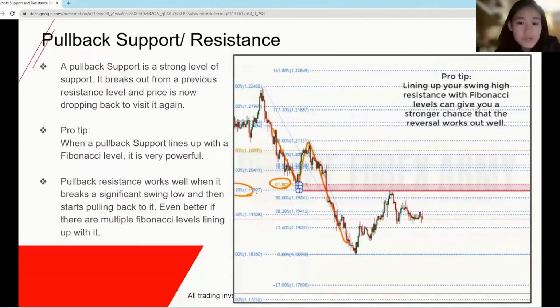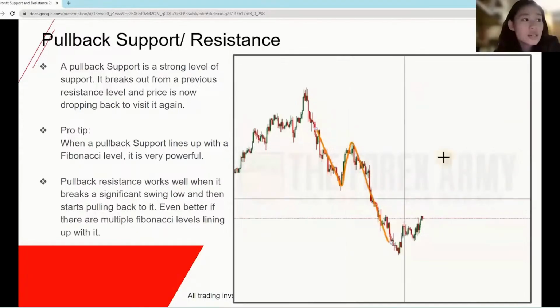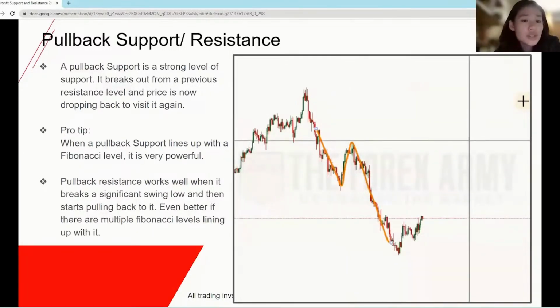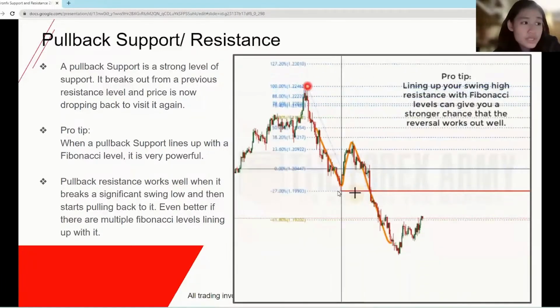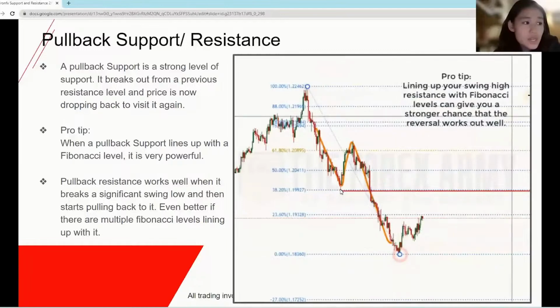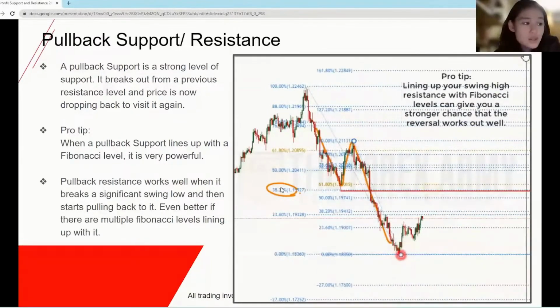We'll go through a few more examples in the coming slides, but you can see here in this GIF that we've included, we have a swing low support, and this swing low support lines up nicely with this 38.2% Fibonacci retracement and also the 61.8% Fibonacci retracement.